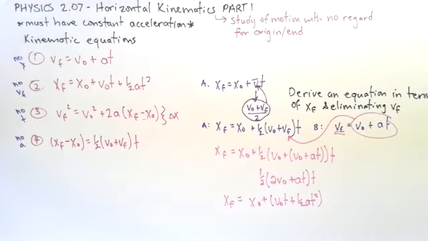You might say, hold on. What about if I don't have an initial velocity? You don't run into that very often, but I'm going to give you this on the side. Equation 2 can be rewritten.